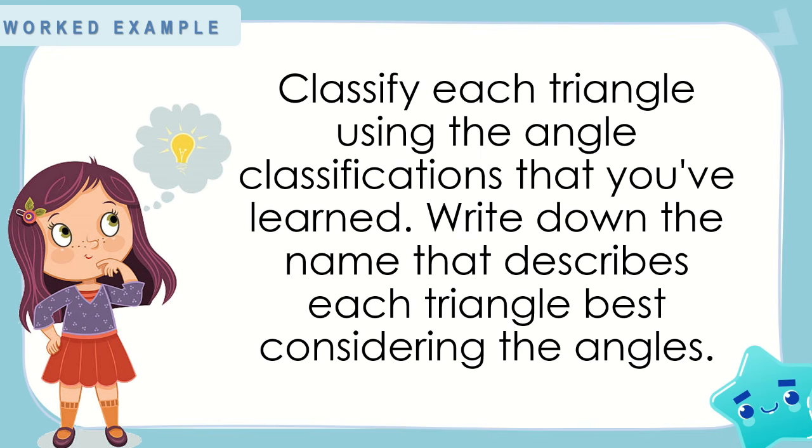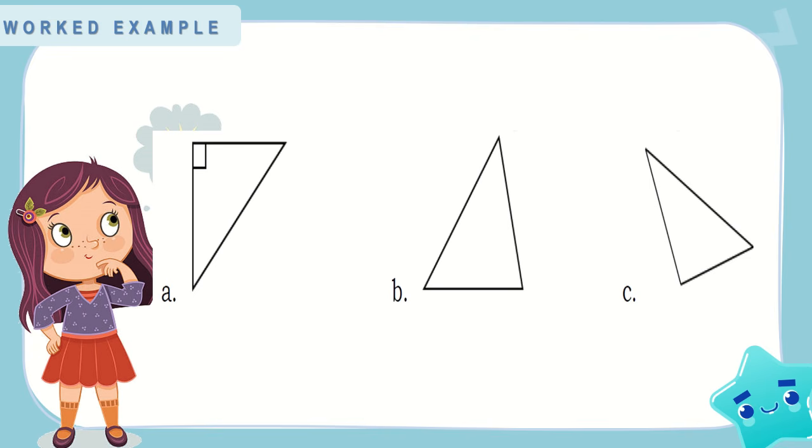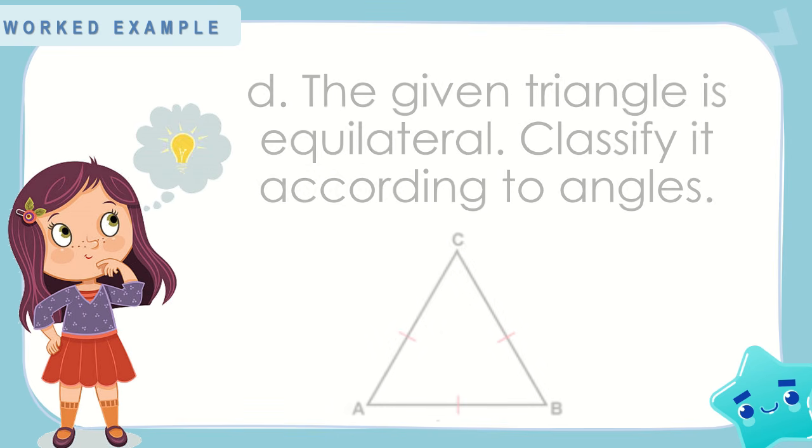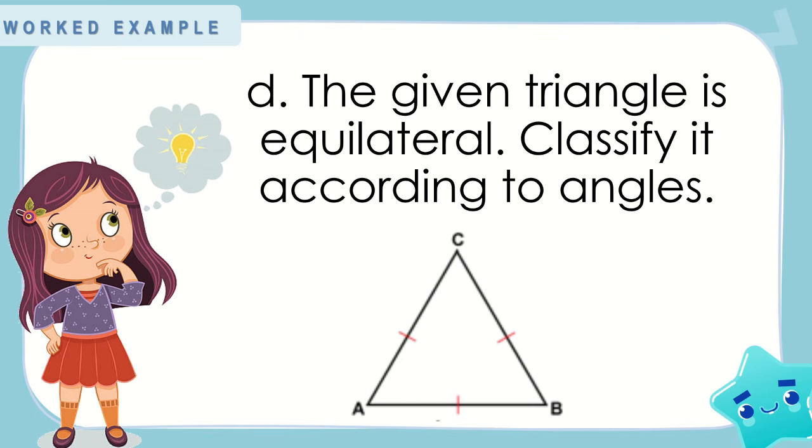For the work example, classify each triangle using the angle classifications that you've learned. Write down the name that describes each triangle best, considering the angles. Here are letters A, B, and C. Letter D, the given triangle is equilateral.